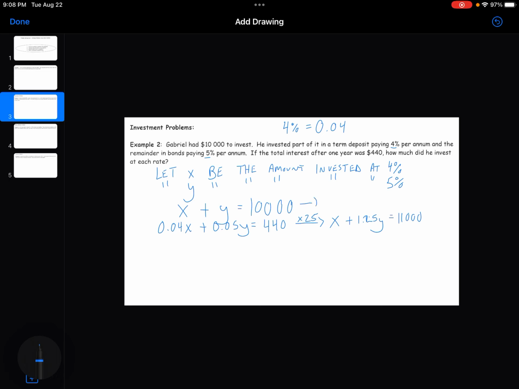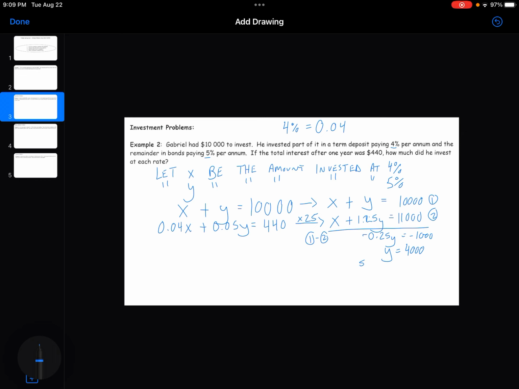Now I'm going to just bring my other equation over so that I can line up all of my values. So this is similar now to elimination. We can make this 1 and 2. We can do 1 minus 2. X minus X would give me 0. We're going to get negative 0.25Y equals negative 1,000. Now all we have to do is divide that over. So we have 1,000 divided by 0.25. We get Y is equal to 4,000.